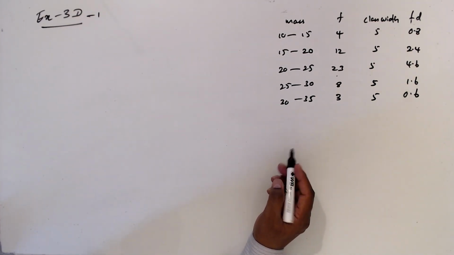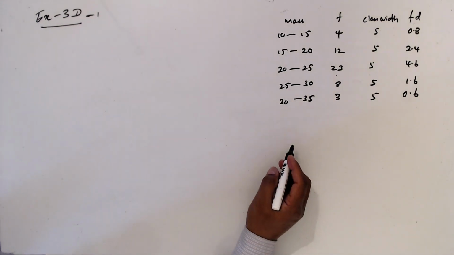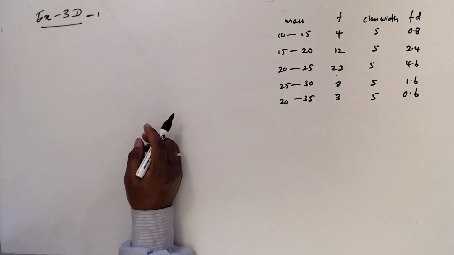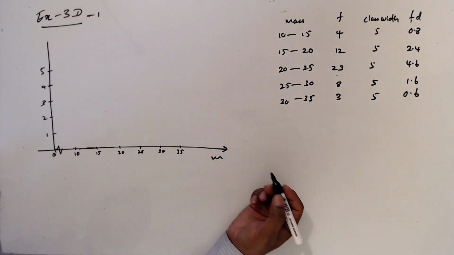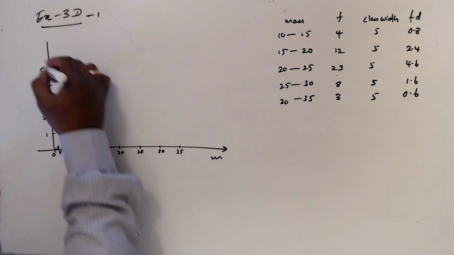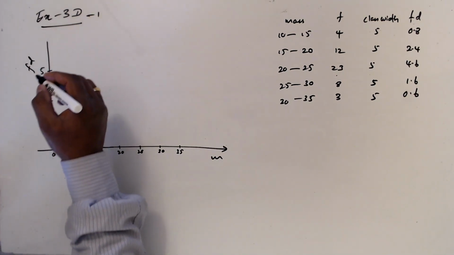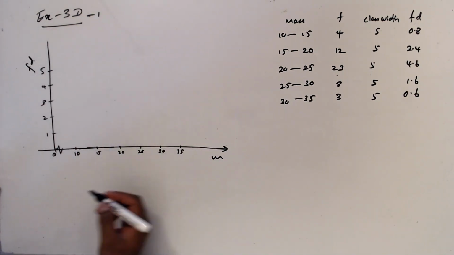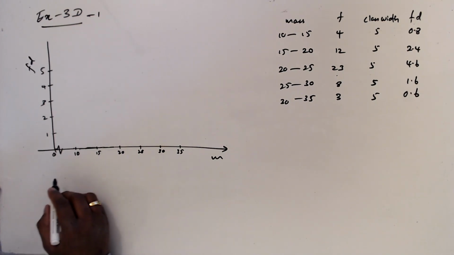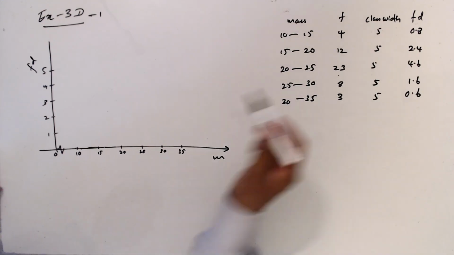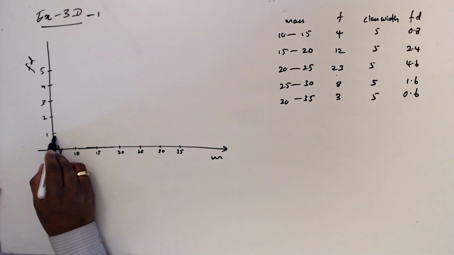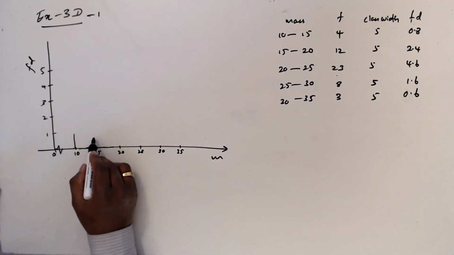So now we can draw the histogram. This is class width, and this is frequency density. 10 to 15 is going to be 0.8, so somewhere here.